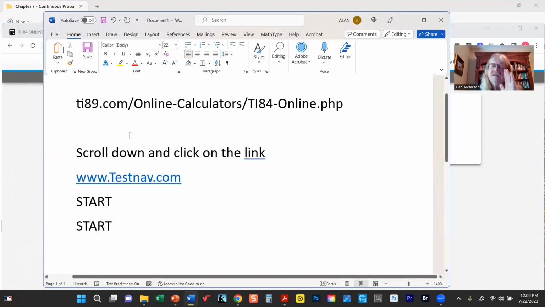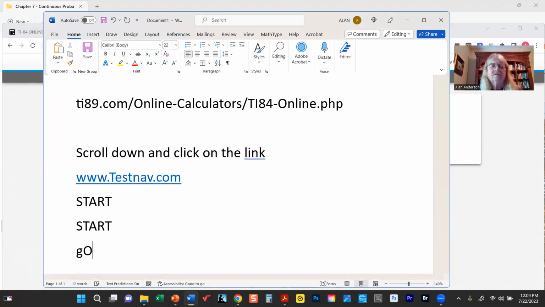And then you have to go to the top of the screen and click on the TI-84 icon. In my opinion, it doesn't look very much like a calculator, but it's really the only icon on the top there.